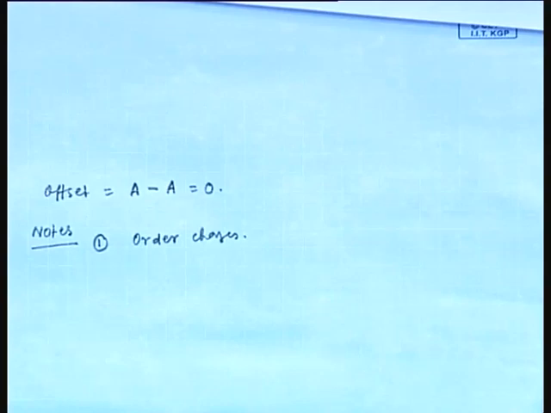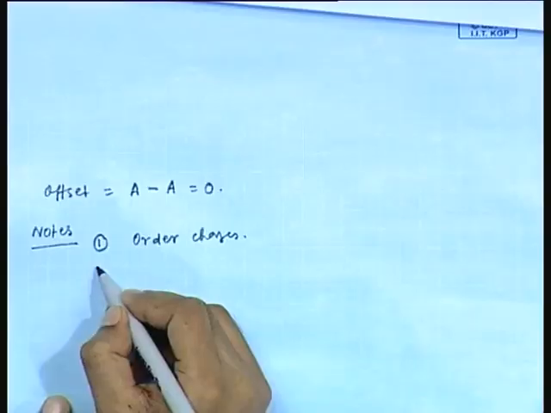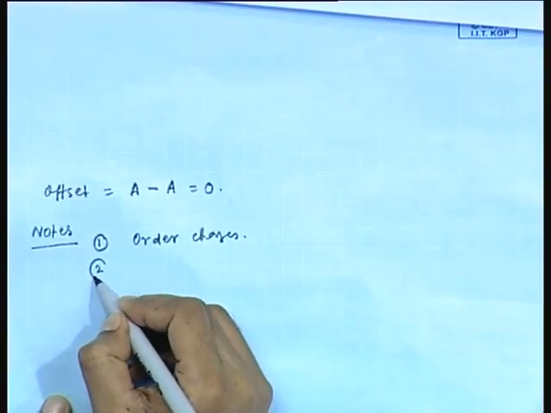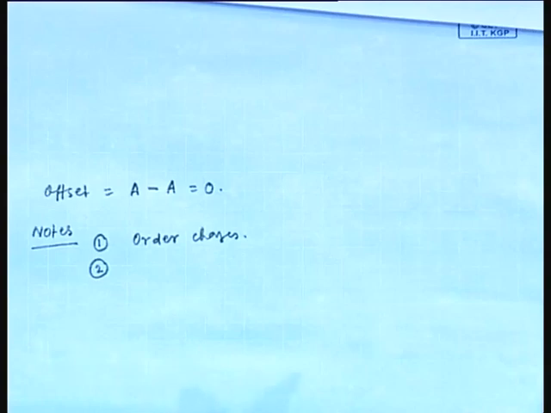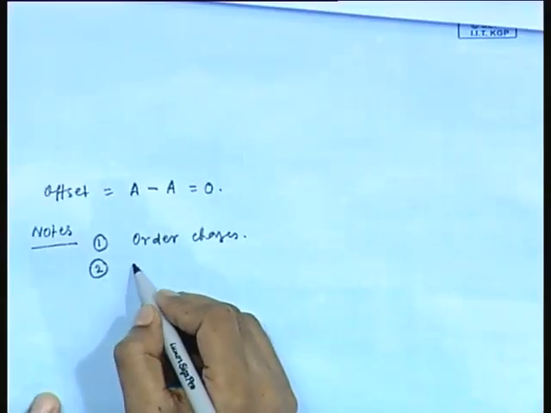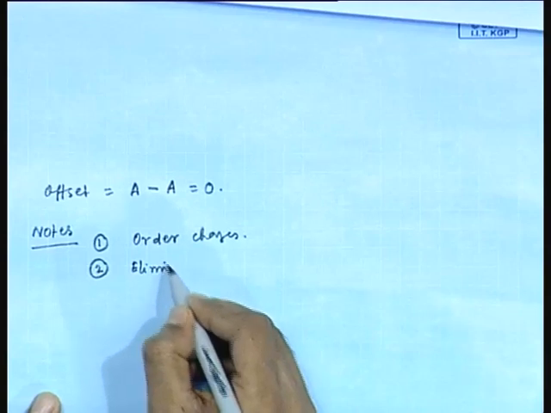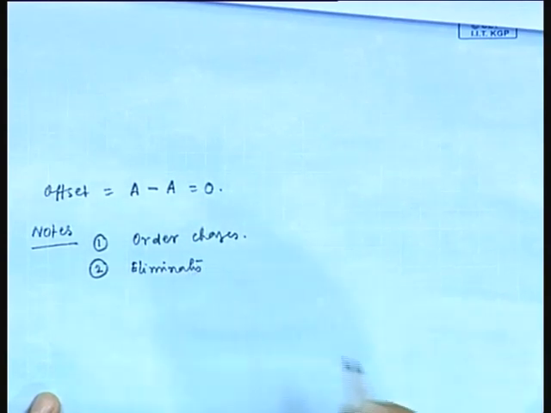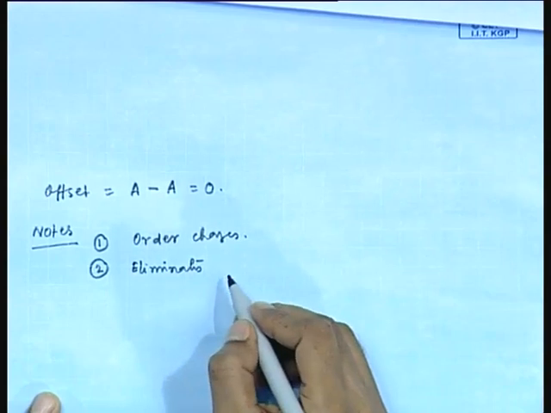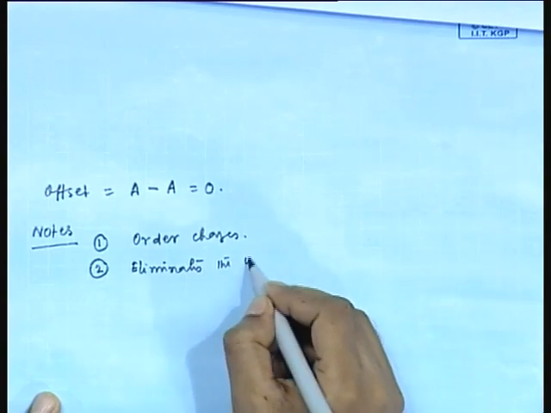This is the first point. Second point is, due to the inclusion of integral action, the offset becomes 0. So, integral control action eliminates the offset.